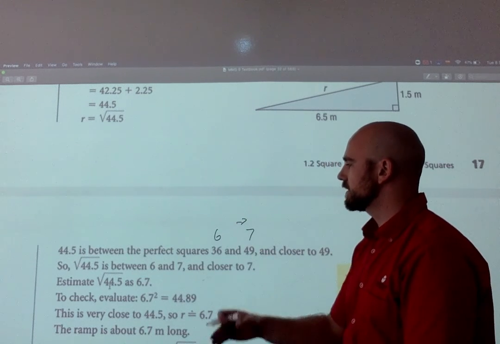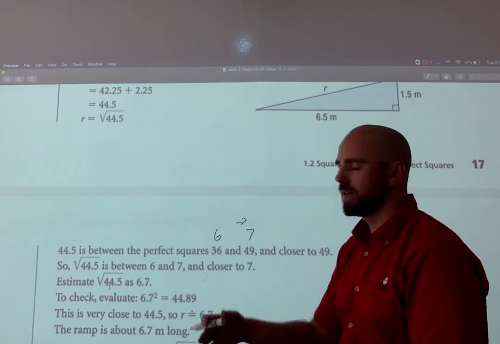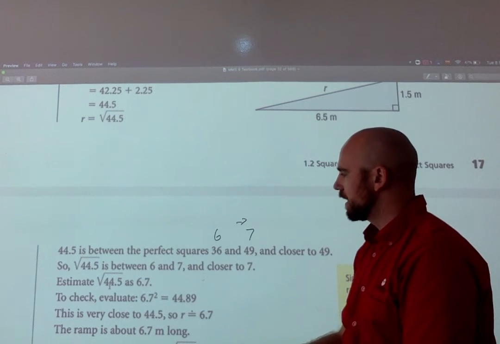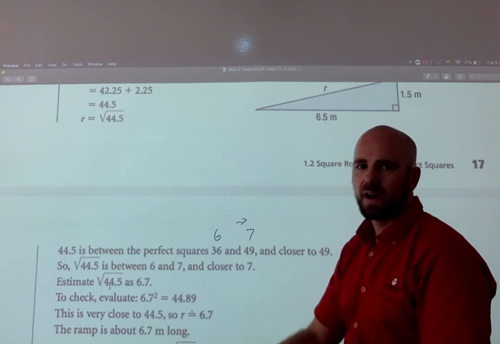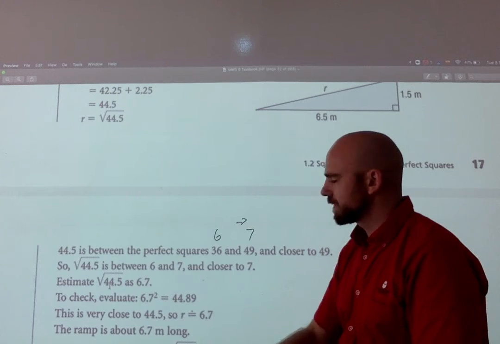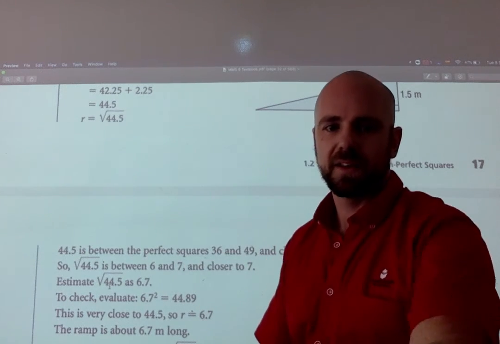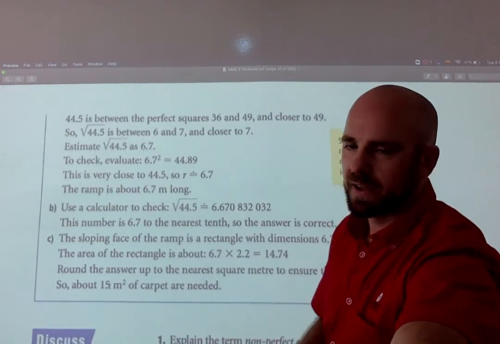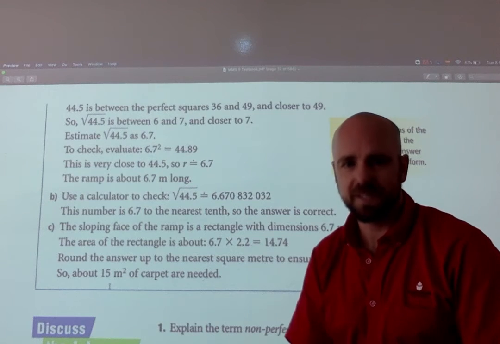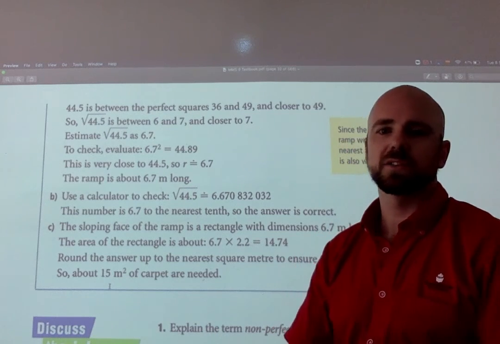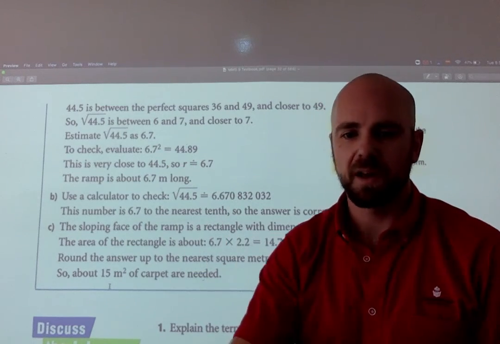So it has to be higher than 6.5. So they're estimating that the square root of 44.5 is about 6.7. Okay, if you were to put it on a number line, that seems to be fairly accurate. Then they go and calculate it. They use a calculator, and they end up getting 6.67, which is close because you'd round it to 6.7, to figure out the side length of the hypotenuse.